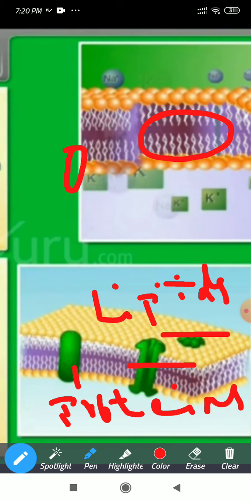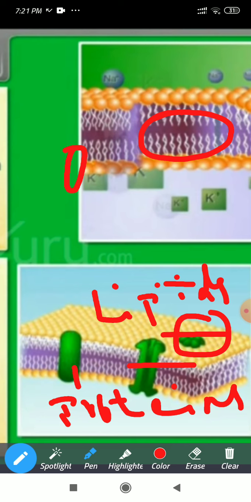So majorly the plasma membrane is composed of proteins and lipids. In the upper diagram, in the structure of lipids you can see a head region and two tail regions. And the proteins are present inserted in the middle of the lipids, and also present externally.